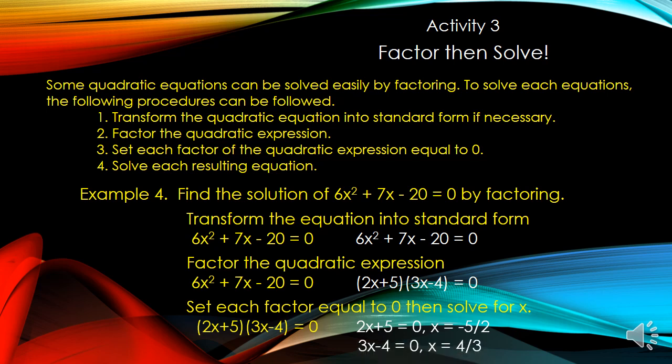Second factor, 3x minus 4, so we have 3x minus 4 equals 0. And solving, x is equal to 4 over 3. Therefore, the solutions or roots of the quadratic equation 6x squared plus 7x minus 20 equals 0 are negative 5 over 2 and 4 over 3.